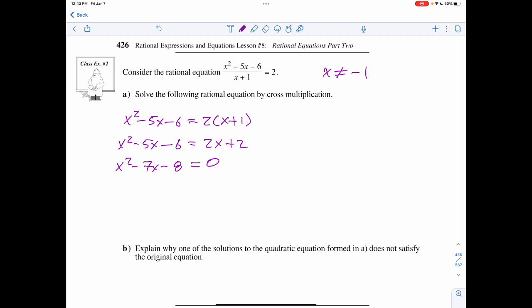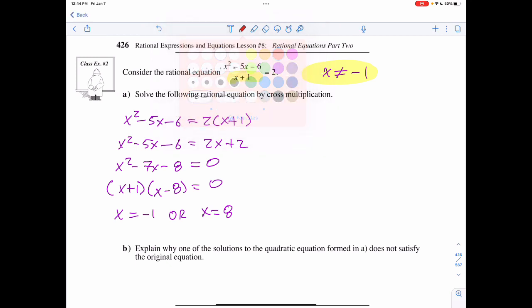I can factor this down and say that this would be the same as (x plus 1)(x minus 8) is equal to 0, which means that x is equal to negative 1 or x is equal to positive 8, but we said up here that x cannot equal negative 1, which means that we don't accept that.